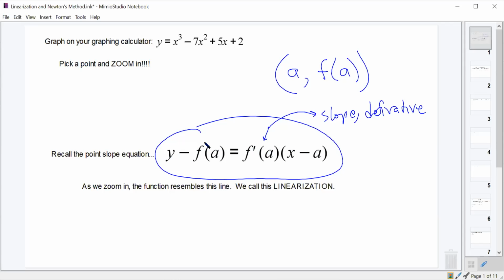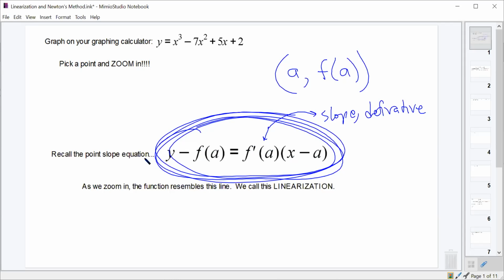So y minus the y value equals the slope times x minus the x value. This equation, which we call the tangent line equation in point slope form, is effectively, on a very, very small interval, a very good approximation for the actual value of the function.